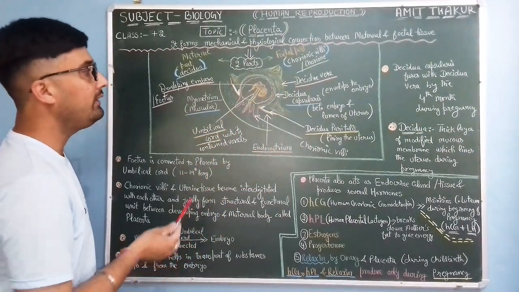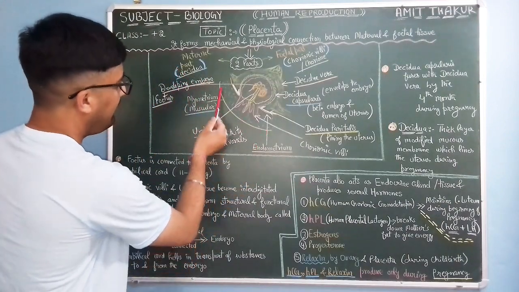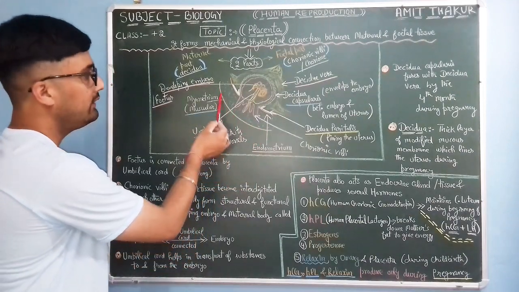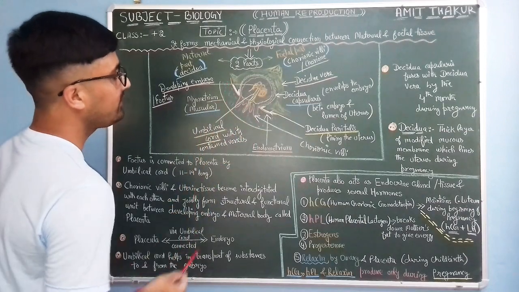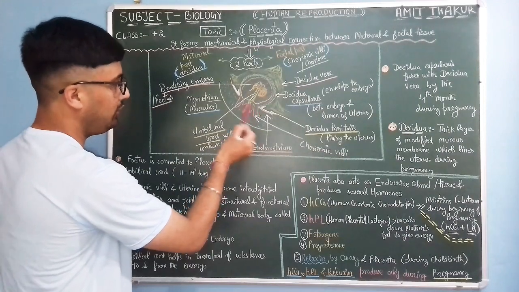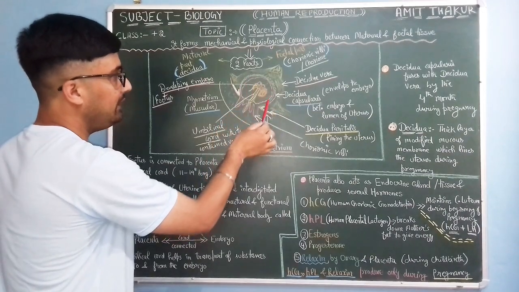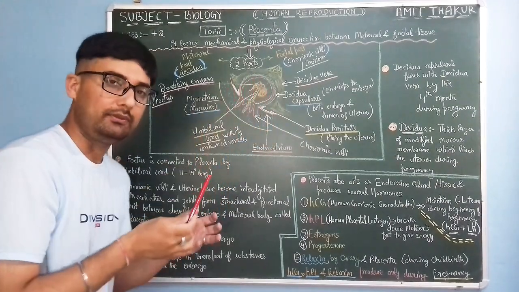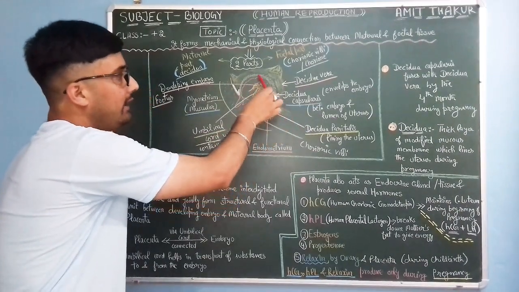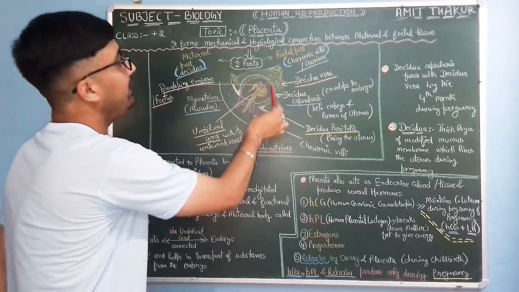the fetus, how it is placed inside the uterus. This external layer is myometrium, which is muscular, and this is the endometrial layer. These finger-like structures are chorionic villi, and this whole fetal part is enveloped by the maternal part, or decidua.